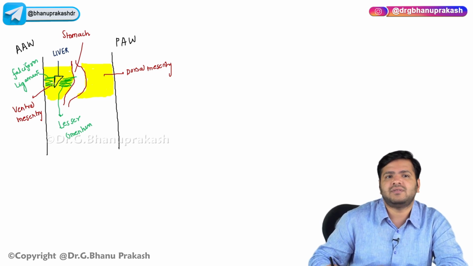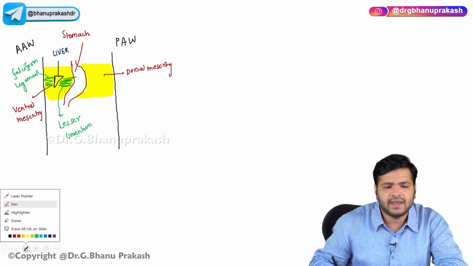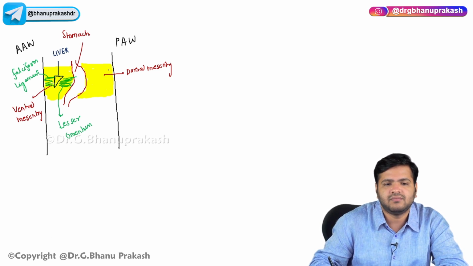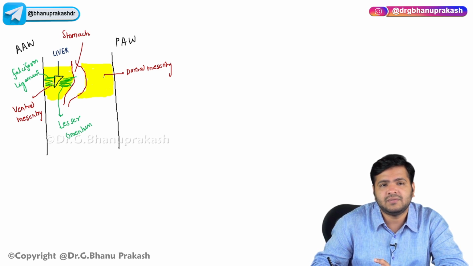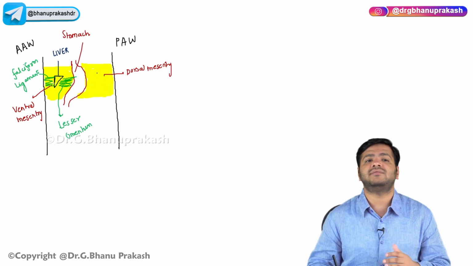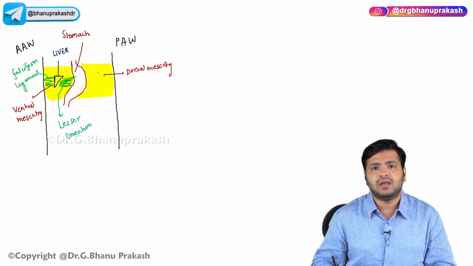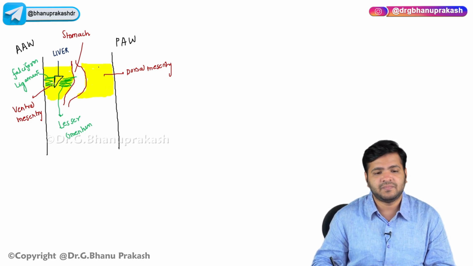Now in the dorsal mesentery, you already know an organ is developing over here, and that is called the spleen.